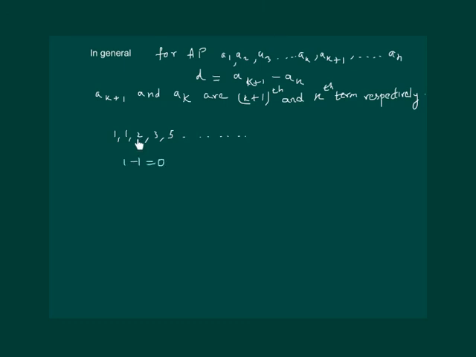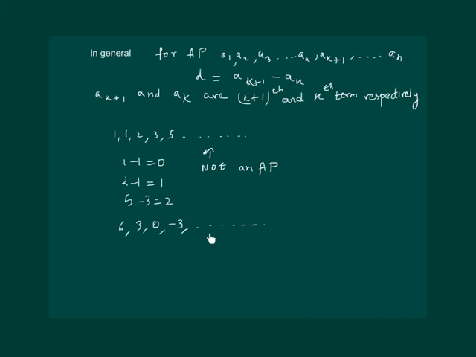If we take the second and the third term, the difference is 1. And if we take the fourth and the fifth term, the difference is 2. So we can say that this is not an arithmetic progression.